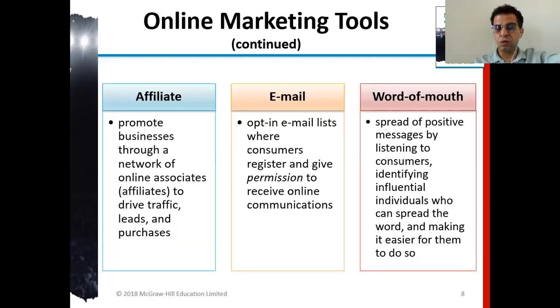Online marketing tools. We have affiliate, we have email, and we have word of mouth. In affiliate marketing, we promote business through a network of online associates, which is what you call an affiliate, to drive traffic, leads, and purchases. Amazon does this with its own partners and connects lots of affiliates with other companies.